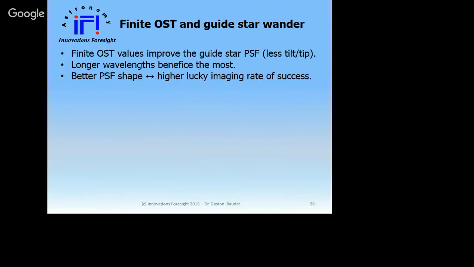Another way to say that, a better shape of the PSF, because the R0 is larger, means also a higher rate of lucky imaging success. As you remember, it's all about D over R0. Your scope D didn't change, but R0 went up, and the probability of success is bigger. And if the probability of success is bigger, it's just to say the shape of the star is less distorted by the seeing. You may still have tip-tilt, the star may still wander, but the shape is better, and because the shape is better, you have a better calculation of the centroid.